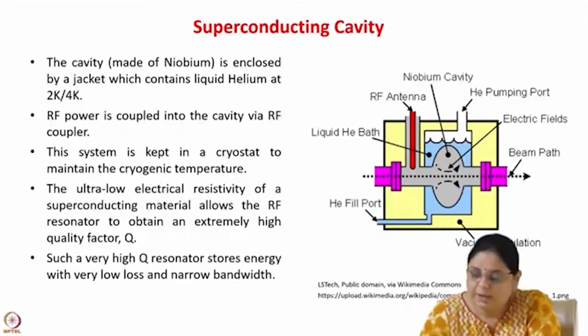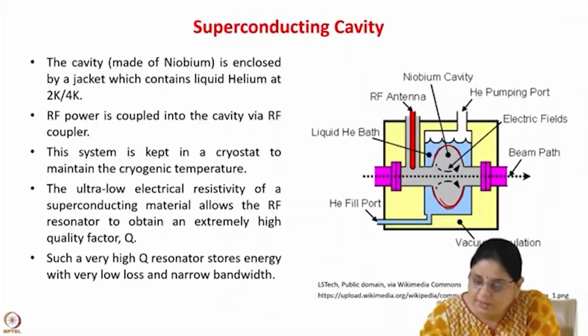Here is a block diagram of the entire system for a superconducting cavity. We have a superconducting cavity which is made up of niobium. The inner surface of the cavity has to be maintained at cryogenic temperatures.